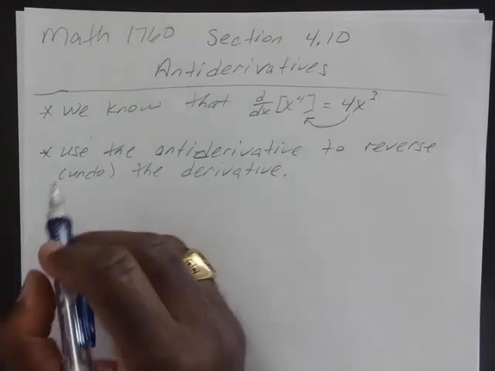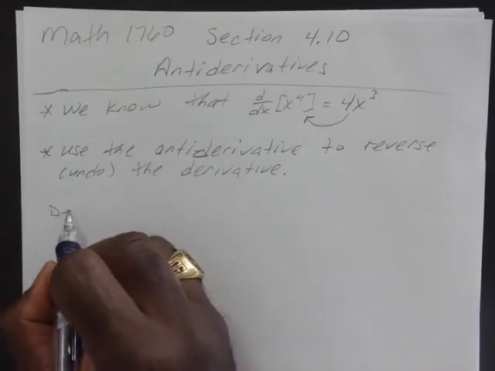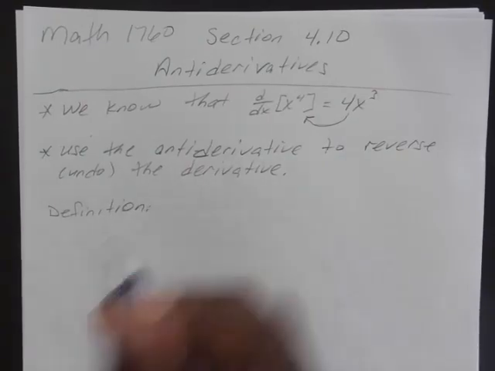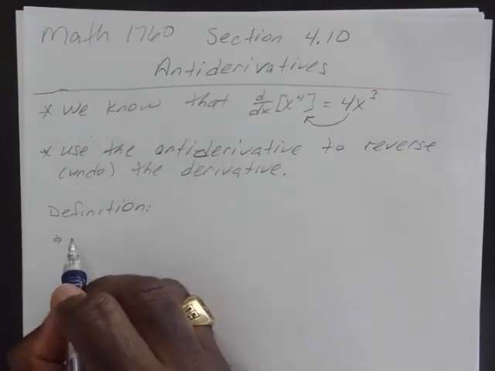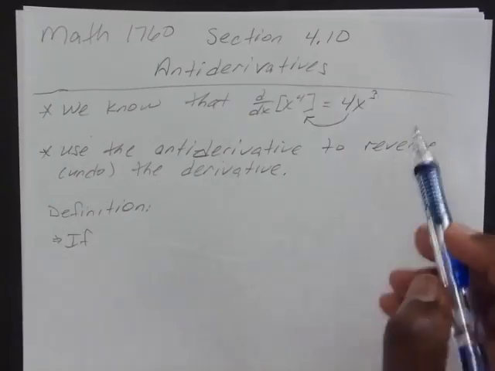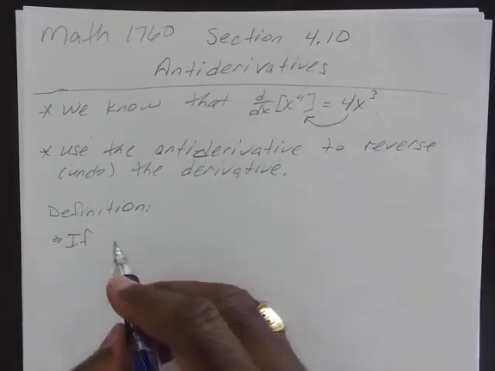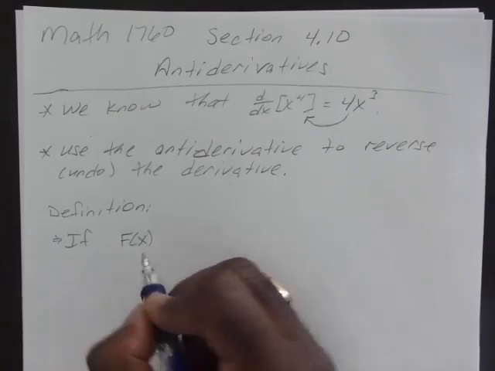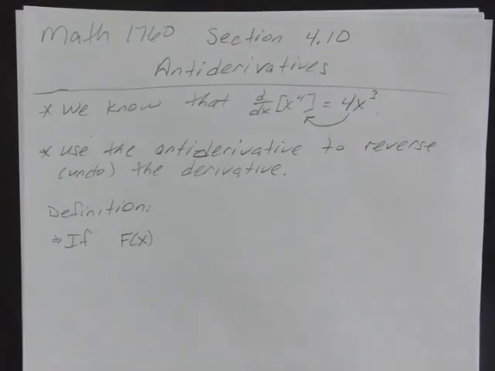So the definition of an antiderivative states that if we know that f prime of x is a derivative, then for an antiderivative, you will normally see an uppercase F of x. Not always.